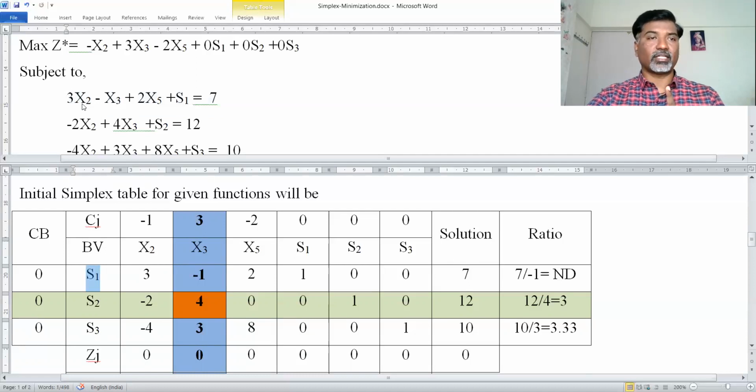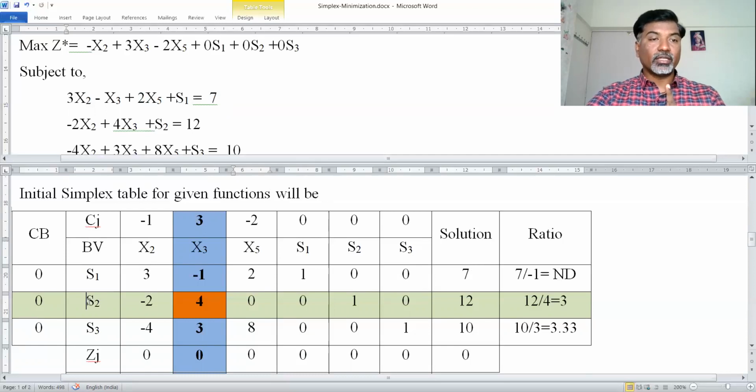Yes, and the coefficient of x2 is 3, so I have written 3 over here. x3, yes, it is available, and the coefficient of x3 is -1. x5, yes, the coefficient of x5 is 2. s1, yes, the coefficient of s1 is 1. This expression doesn't contain s2 and s3, so for s2 and s3 we have taken value 0. And the solution, the value at the RHS, you have to write as it is.